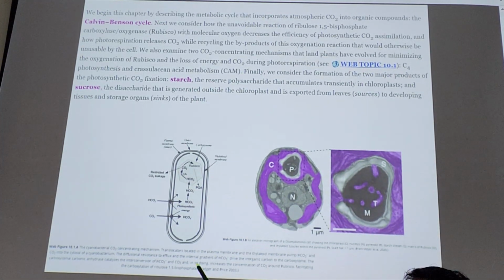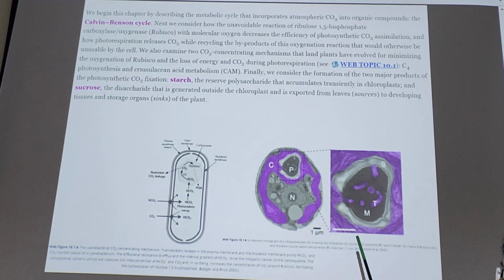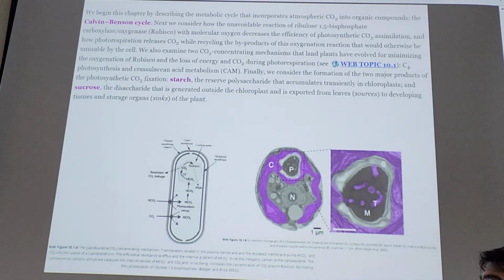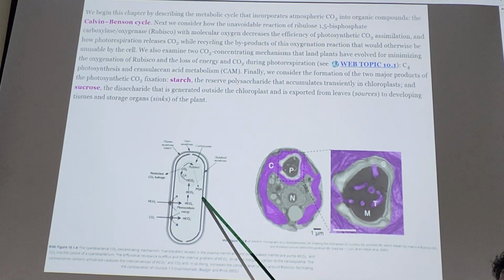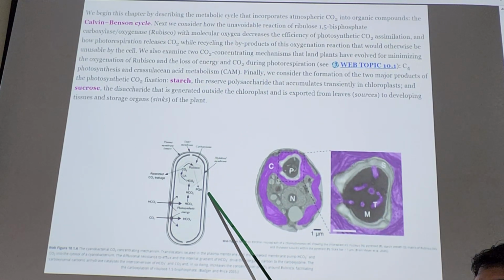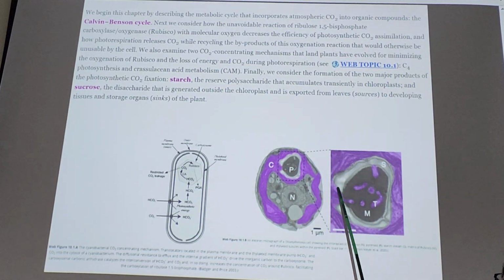That is for Cyanobacteria. Chlamydomonas is an alga, remember, one group of photosynthetic organisms. It belongs to the algae.